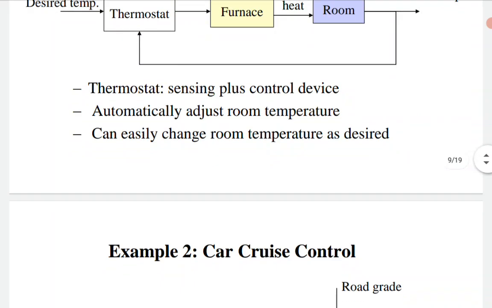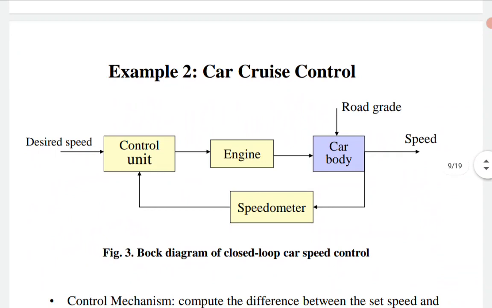Okay. Now car cruise control is another example, also a feedback control system or closed loop control. Here, see the control unit where the desired speed is to be known, what speed I need, whether 60 km per hour, 40 km per hour or 80 km per hour, depending on the driver who is controlling it.